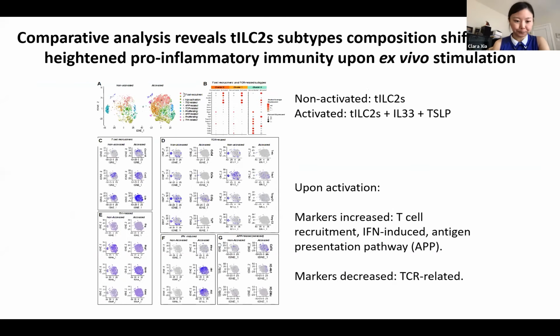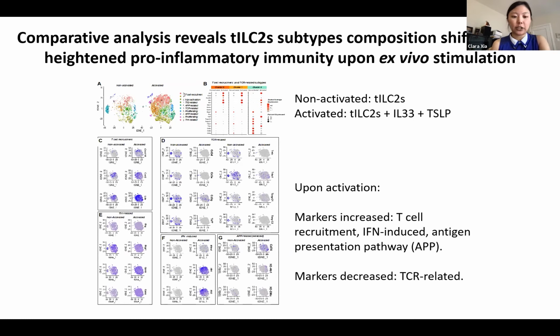Next slide, please. So the last point: to compare how the growing tumor naturally affects ILC2 expression and how ex vivo stimulation can possibly modify cells for immunotherapy, we conducted a comparative analysis of non-activated versus activated ILC2s. Activation is through co-culturing of ILC2s with their activators for 7 days and then sent for sequencing.